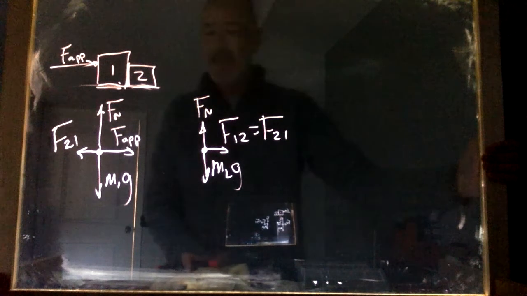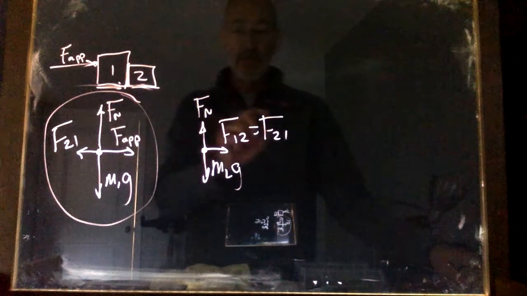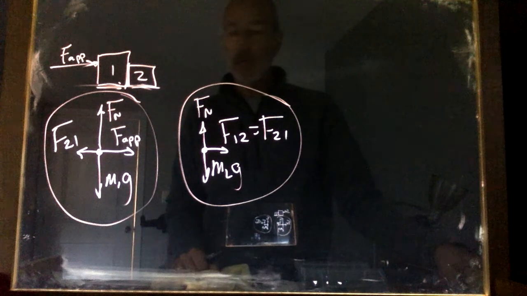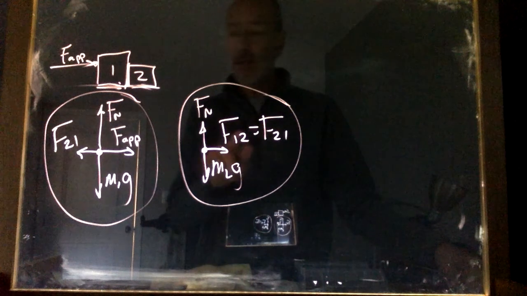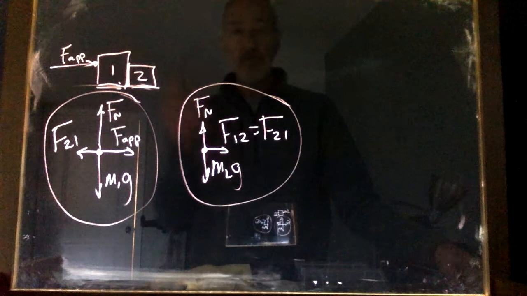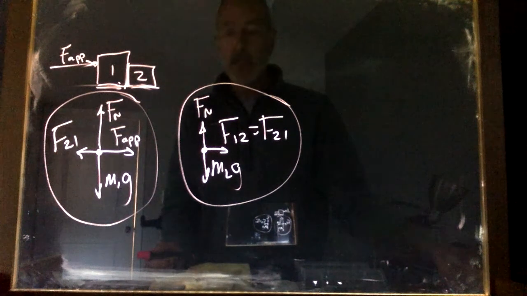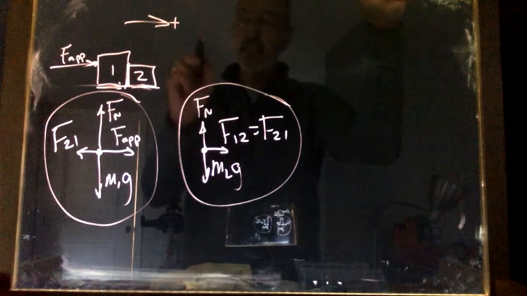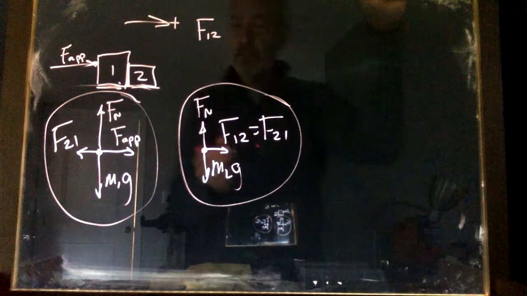So really what happens is, in intensified and regular physics, we don't have to solve this. But we could write two equations with two unknowns if we talk about acceleration, and we can figure out what the accelerations are. So for this one, let's just talk about the horizontal. If we wanted to find the acceleration, we could say F12 in this direction.